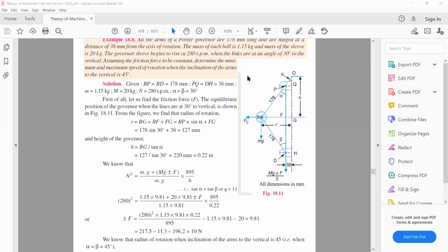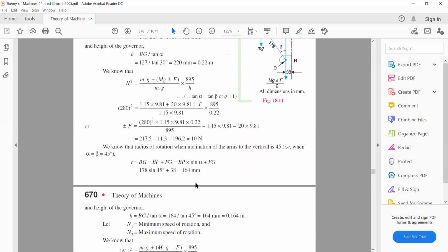Now we just substitute the known values in our equation. 280 square equals, small m is known, g is known, capital M is known and g is known, and the only unknown in the entire equation is F. So we will find the F value.